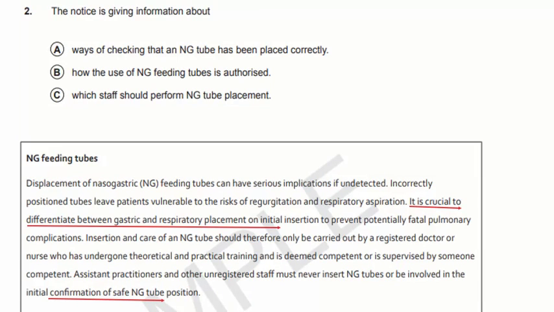But nothing was mentioned about the ways of checking, so there's no information about this one here, so this is a wrong one.